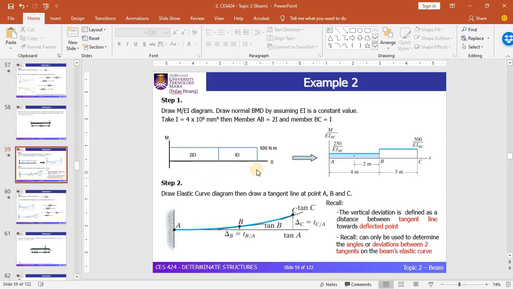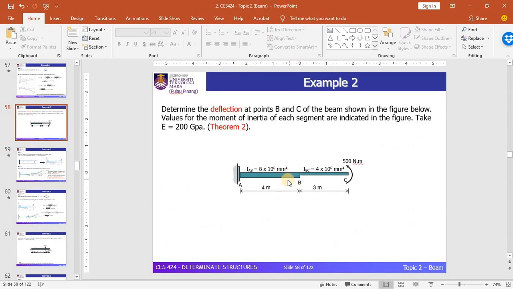In the first step, there are two diagrams. This is the bending moment diagram, and this is the MEI diagram. In this topic, we don't use the normal BMD, we use the MEI diagram, since the section area from AB to BC is different.